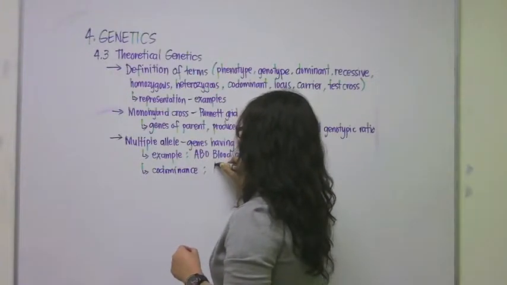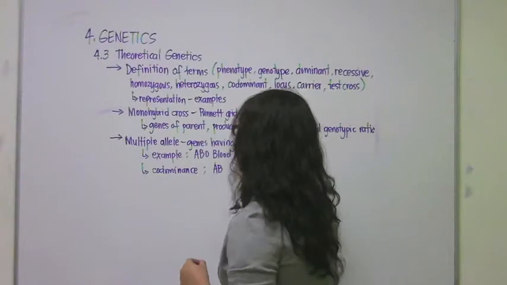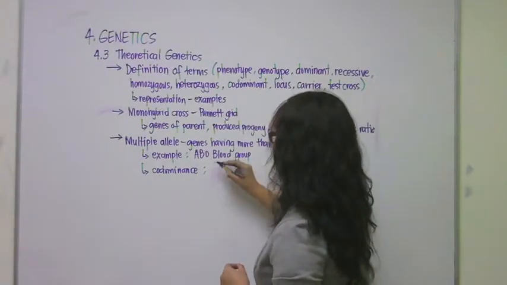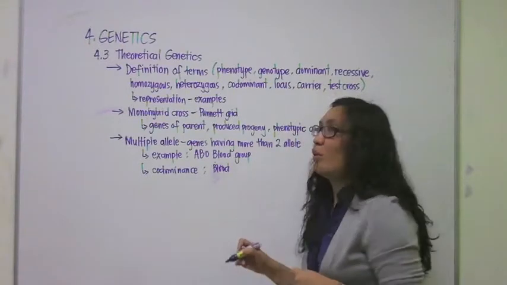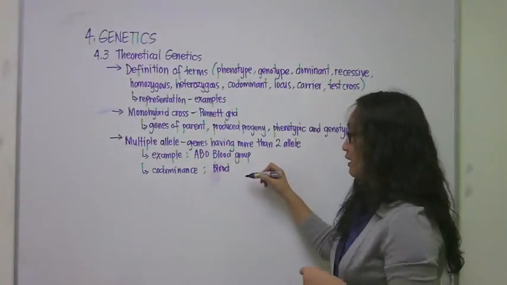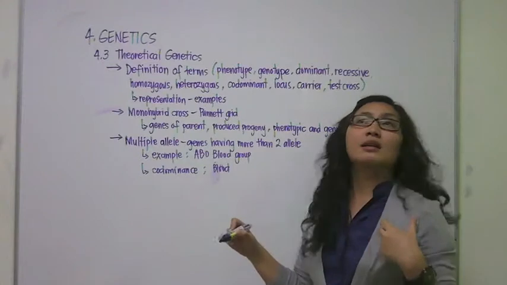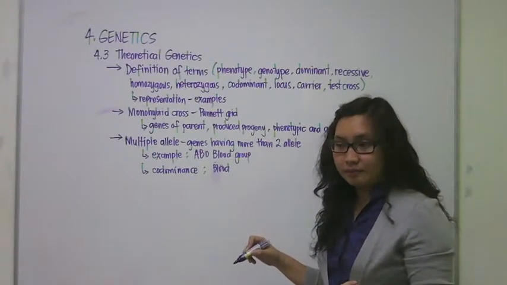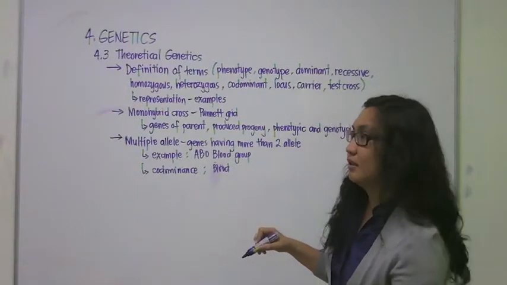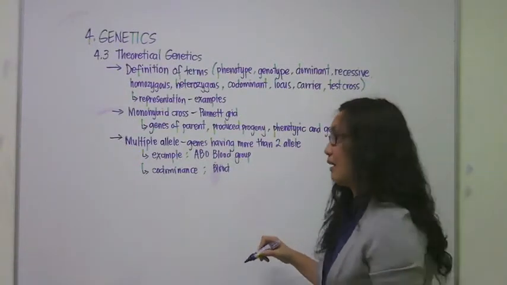So we have the AB blood type. So in the case of codominance, this is when both phenotypes are actually affecting the characteristic. It is being expressed at the same time.